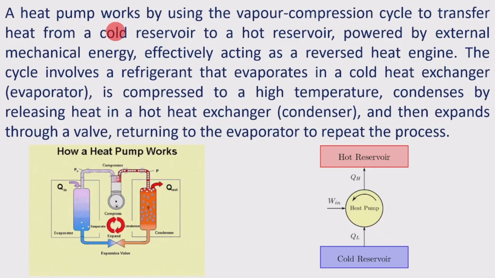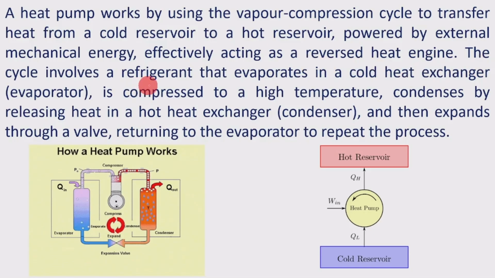A heat pump works by using the vapor compression cycle to transfer heat from a cold reservoir to a hot reservoir, powered by external mechanical work, effectively acting as a reverse heat engine. It is the reverse of the heat engine.